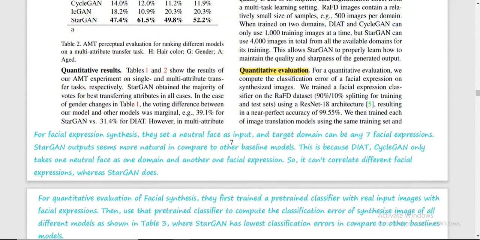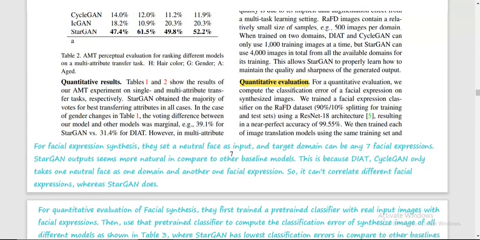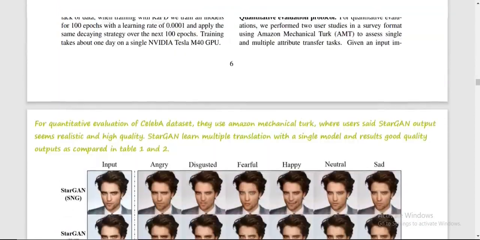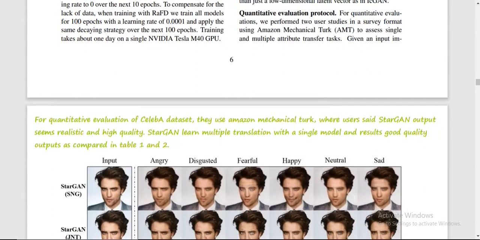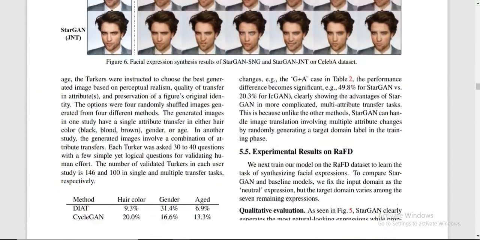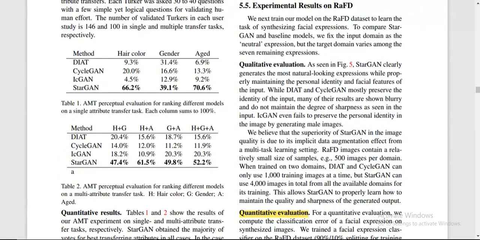For the quantitative evaluation, first they use the Amazon Mechanical Turk to assess which network, which architecture's output seems to be more realistic.